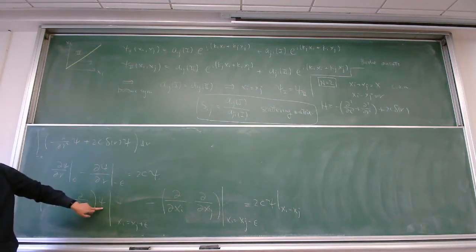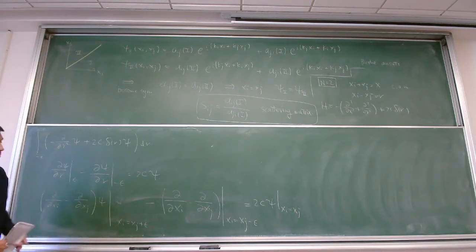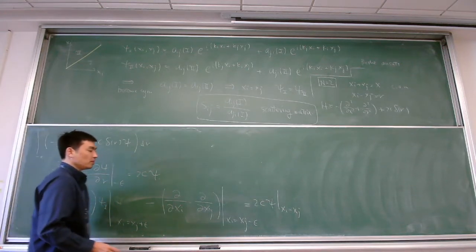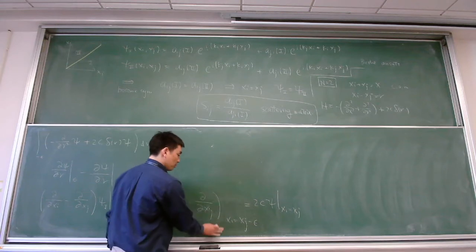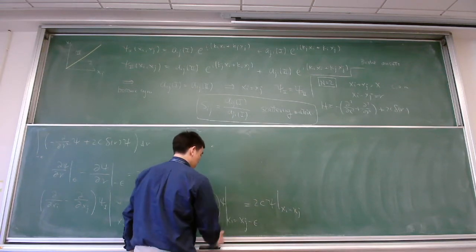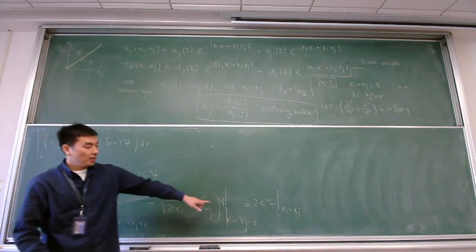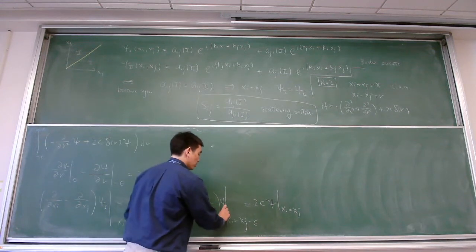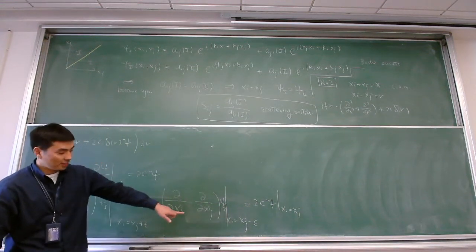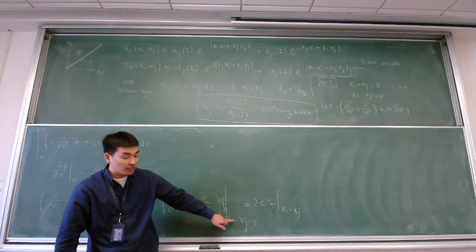So here, of course, xi is greater than xj, so this is psi 1. And here, psi 2, because the region is xi less than xj.